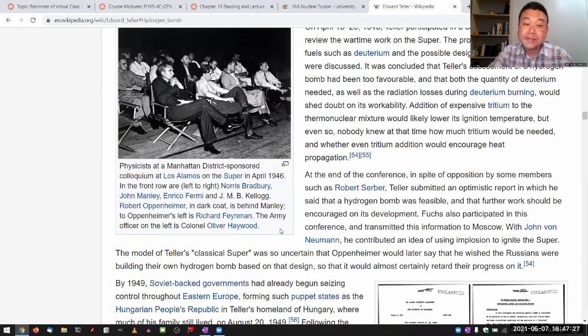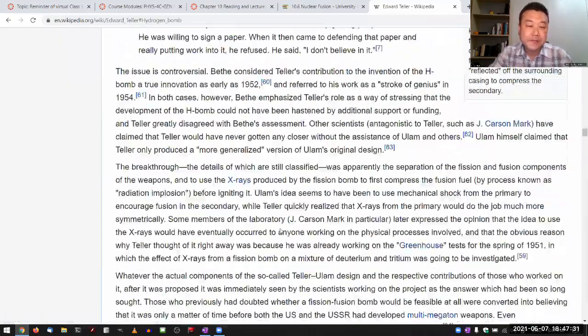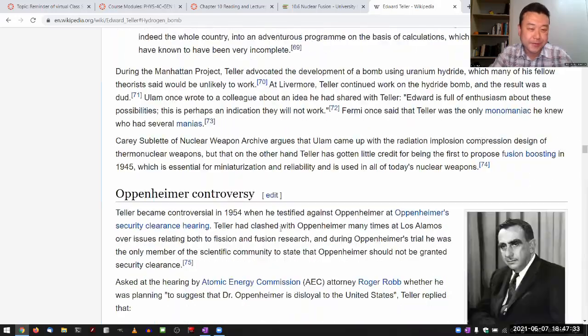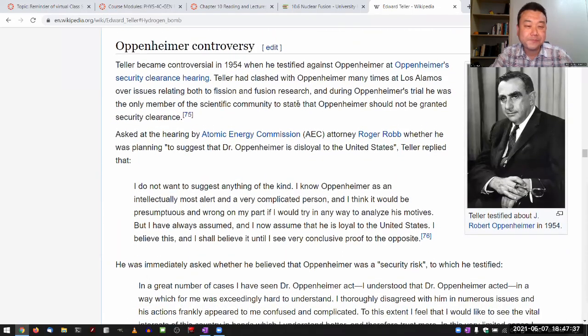I think the story here is it's good to read through, particularly what Wikipedia is calling the Oppenheimer controversy. And I would just say, physicists are human beings. They have their shortcomings, and there were a lot of physicists who were working for Nazis, not in the US, but a lot of German physicists were working for the Nazis.